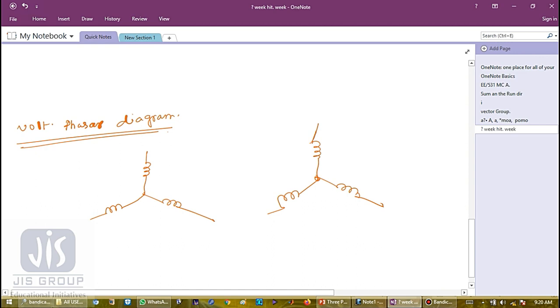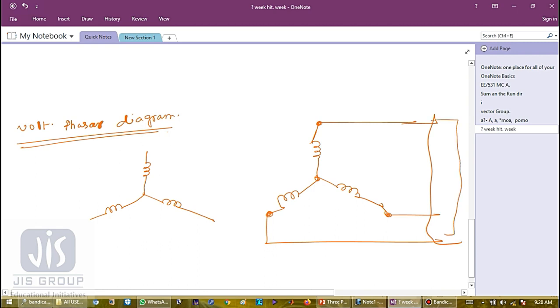Okay. And this is connected to the load, and this is always a fixed position. I told you previously that the A2, B2, C2 position is always fixed.